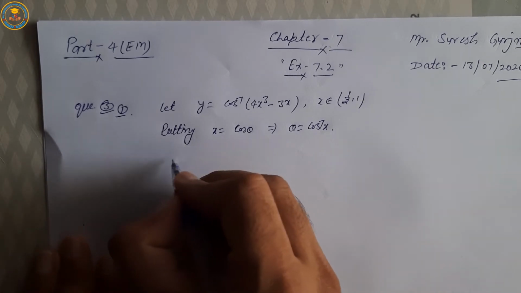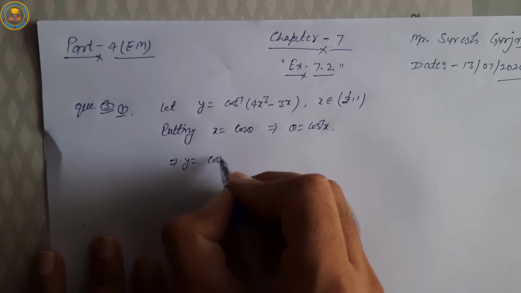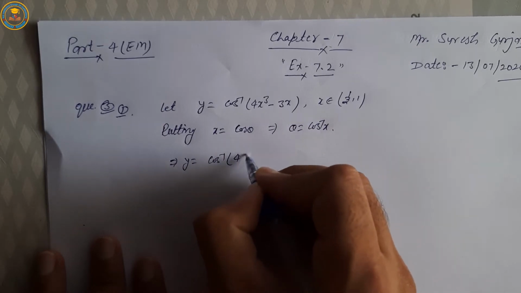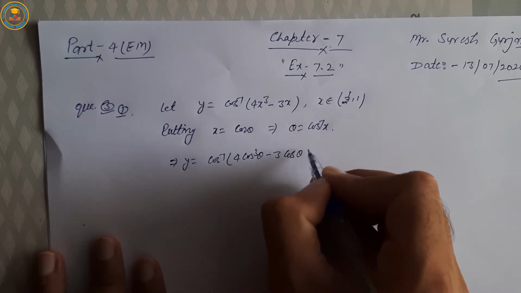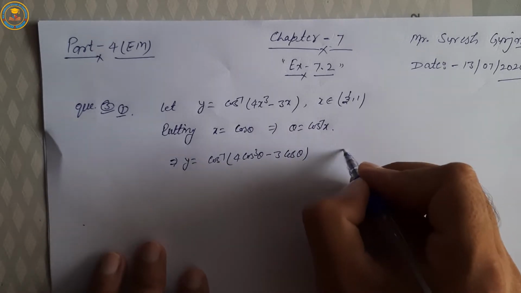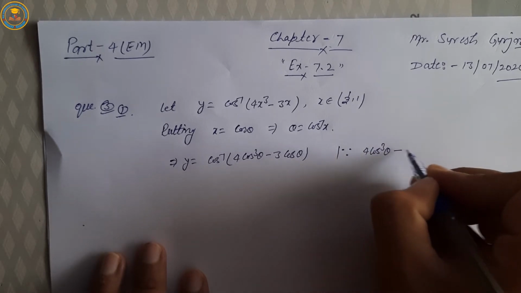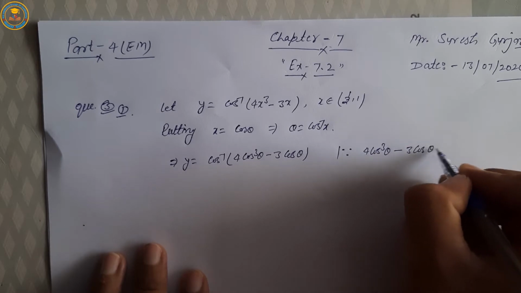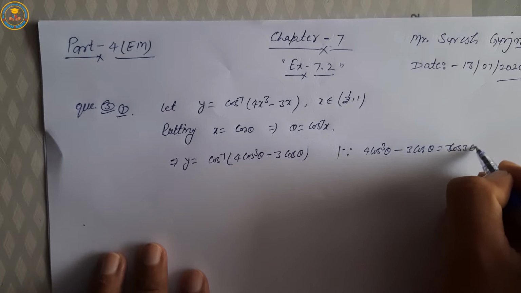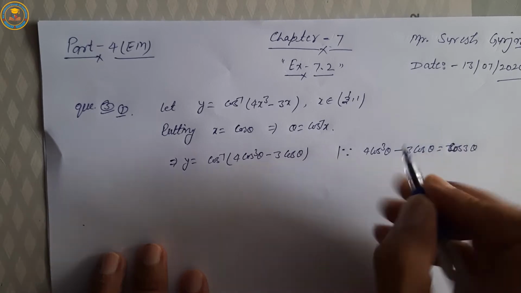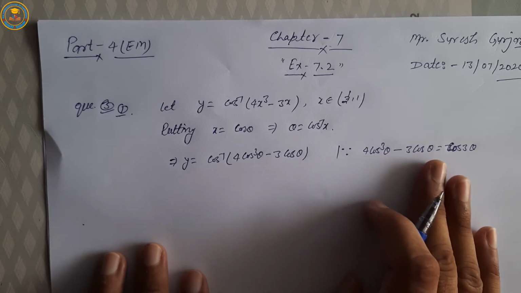Implies y is equal to cos inverse of 4 cos cube theta minus 3 cos theta, because 4 cos cube theta minus 3 cos theta is equal to cos 3 theta. Formula of cos 3 theta is equal to 4 cos cube theta minus 3 cos theta.